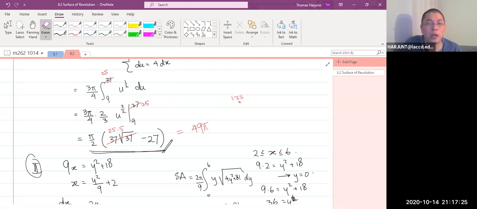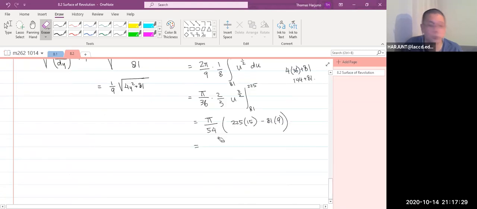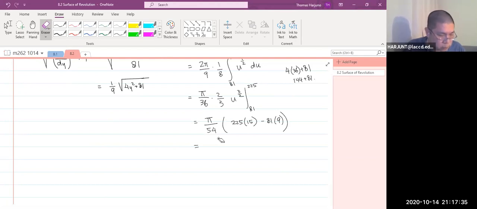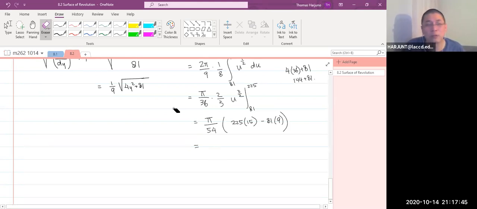Do I get 49 pi if I do it that way here? I will just use my calculator. Yeah, I get 49 pi too.